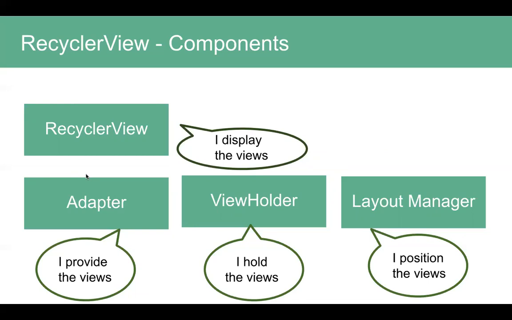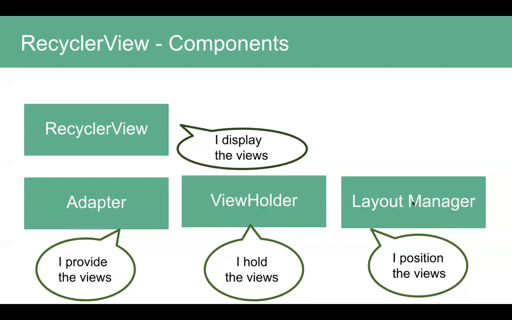And a recycler view has basically three components to it. One is the adapter, one is the view holder, and one is the layout manager. So the adapter provides the views for the recycler view to display. The view holder will hold the views. It will do things like your find view by IDs to the different text views and the image views and the different data you want to display in your layout.